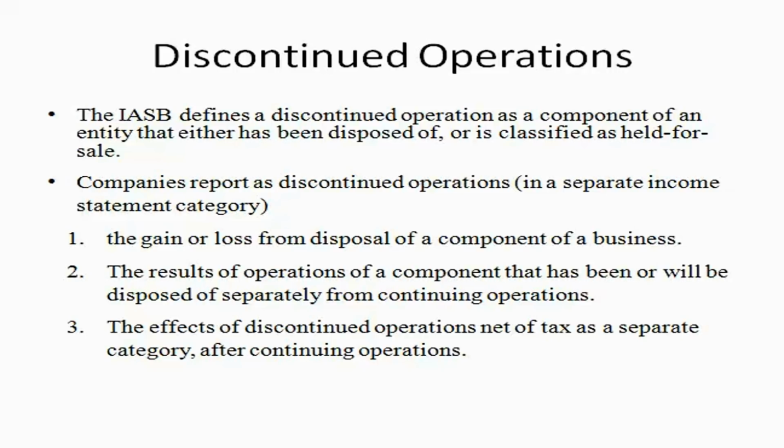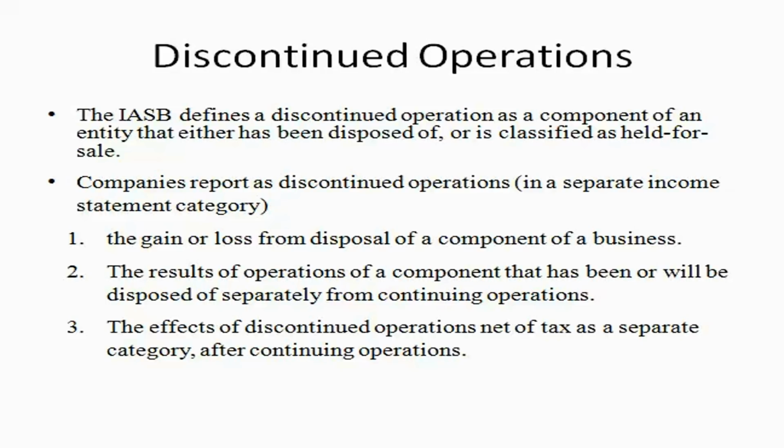The companies report as discontinued operation, meaning what are the items to be reported as a discontinued operation. Of course, discontinued operation is reported in a separate income statement category. So what are the items to be considered as discontinued operation?